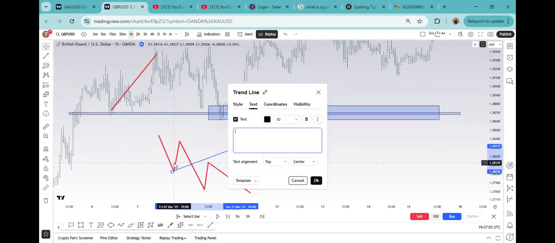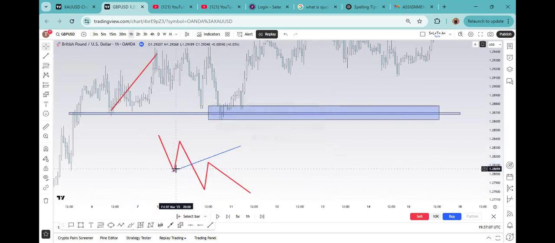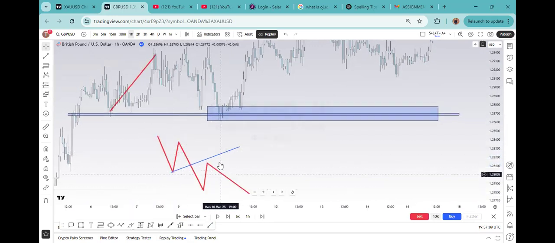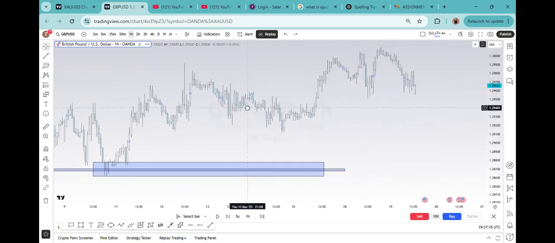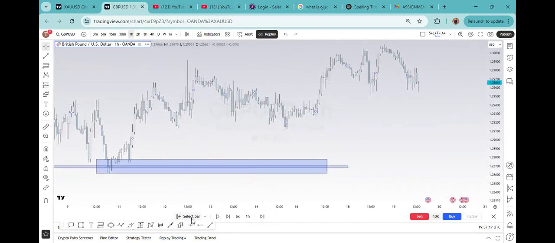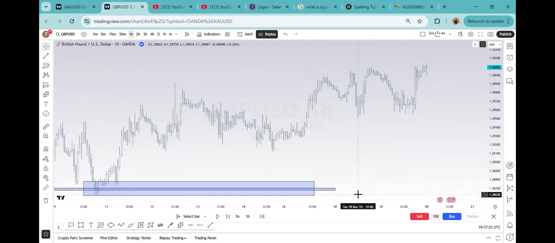This one, you will not be looking for two touches to draw. This is basically a break and a retest, so you're looking if price should validate that area. So something like this, if it's the support level.